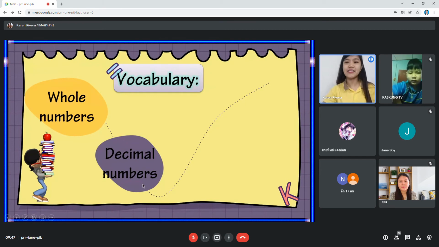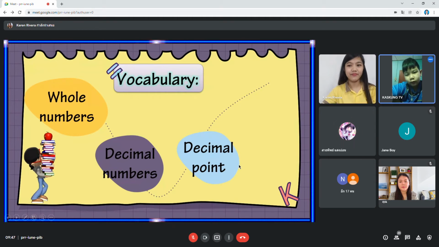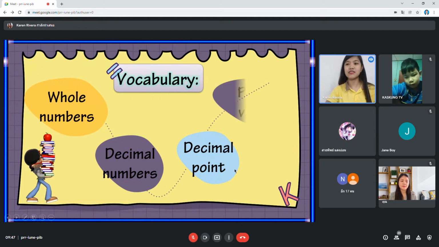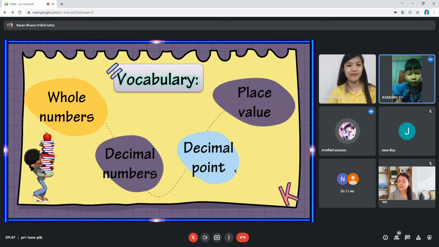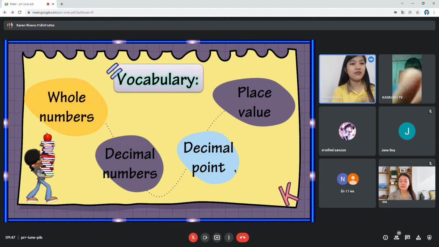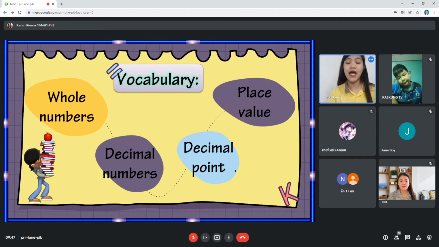Very good. Next, number 3, we have decimal point. Okay, very good. Next, number 4, place value. Good job. So those are the vocabulary words that we are going to learn for this hour.